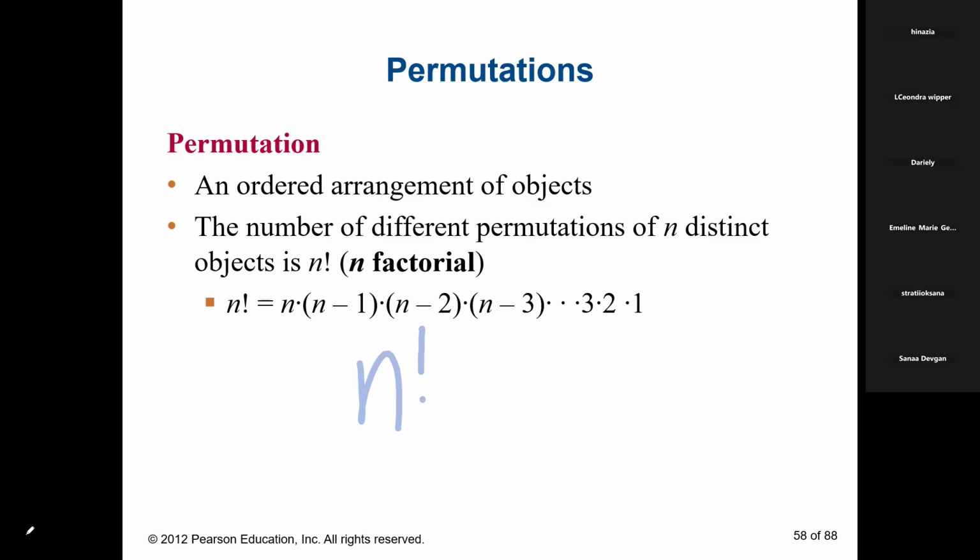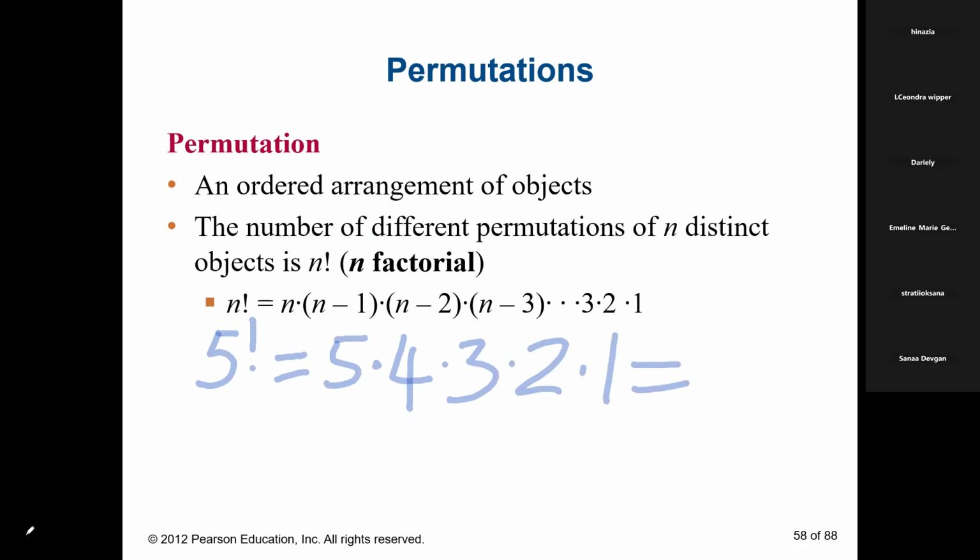For example, 5 factorial is 5 times 4 times 3 times 2 times 1, and then you multiply them, that's 120.